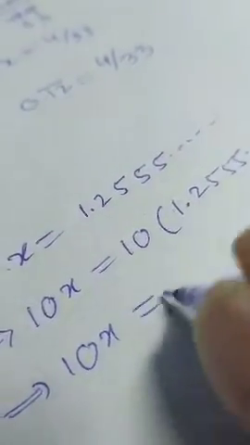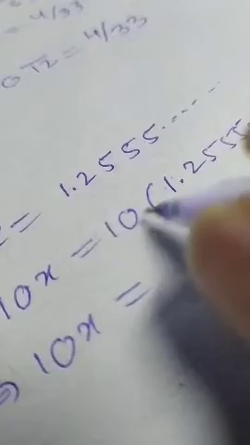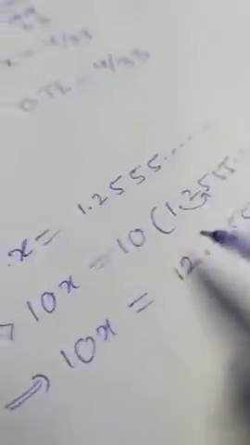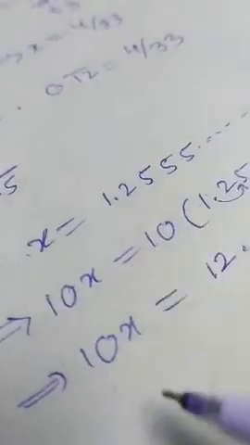When you are multiplying with 10, the decimal point moves right by one digit. So what you will get? 12.555, and so on. We got this. And then after, write x below this equation.